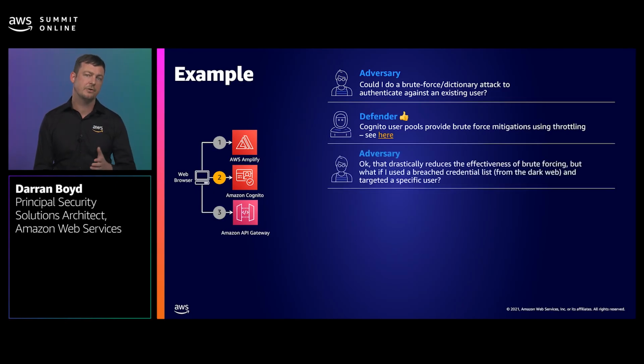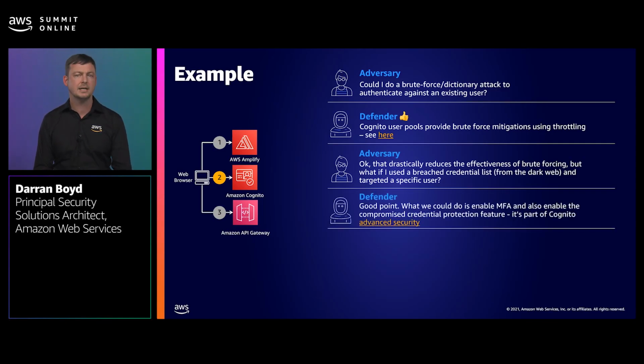The adversary persona accepts that this drastically reduces the effectiveness of brute forcing, but posed a secondary question: what if I used a breached credential list, something that I could purchase from a dark web marketplace, and I targeted a specific user?